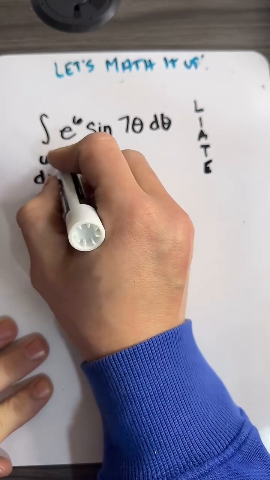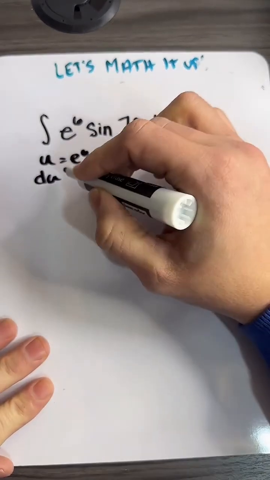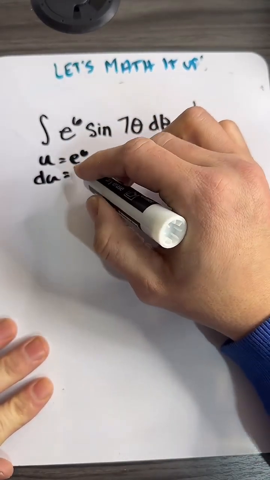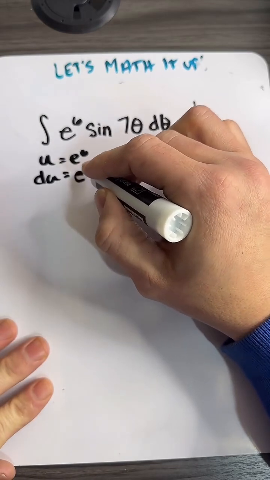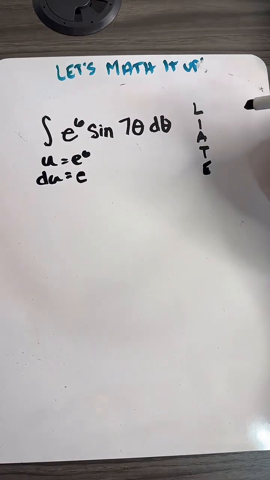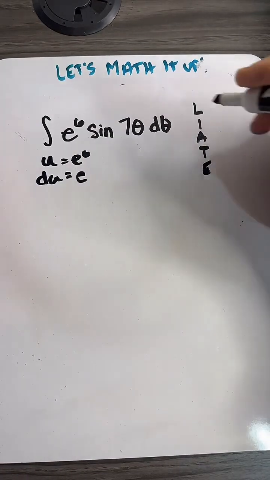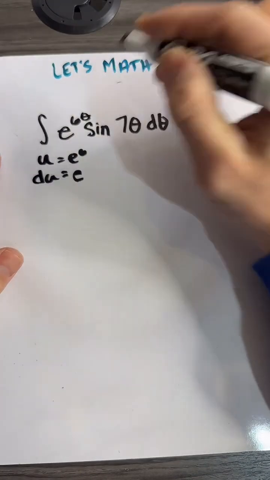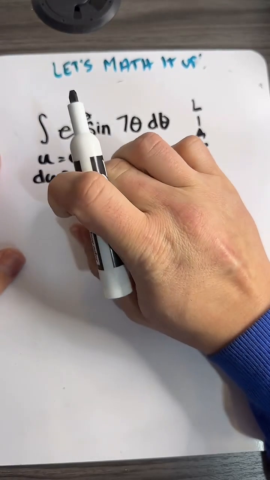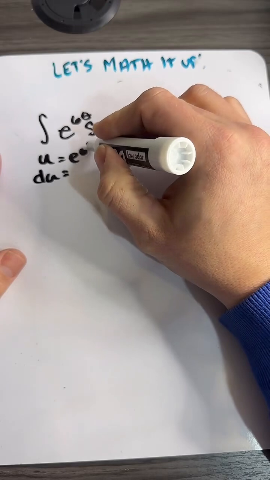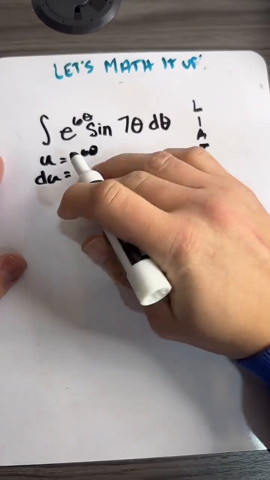u equals e to the 6. So we've got du equaling, wait, is it e to the 6? Is it 6 theta? E to the 6th theta. That makes more sense. Okay. So we've got u equaling e to the 6th theta, right?